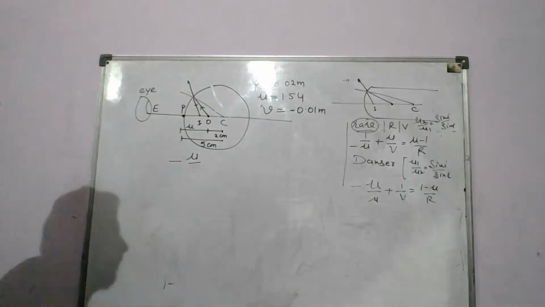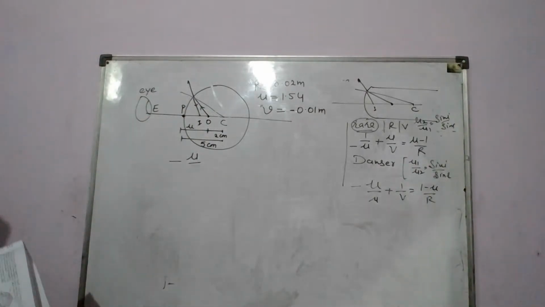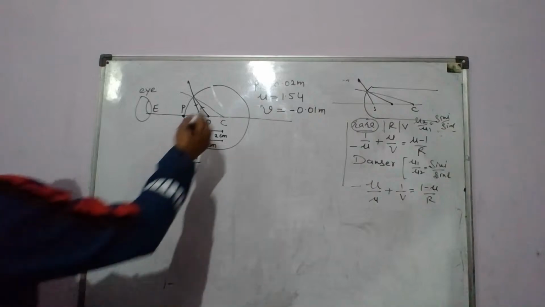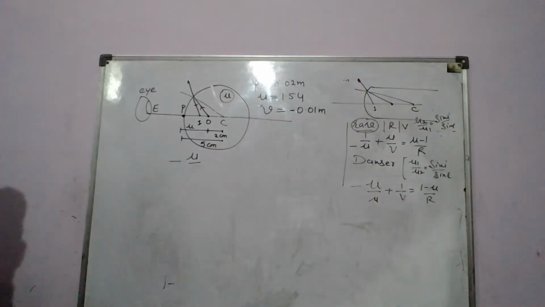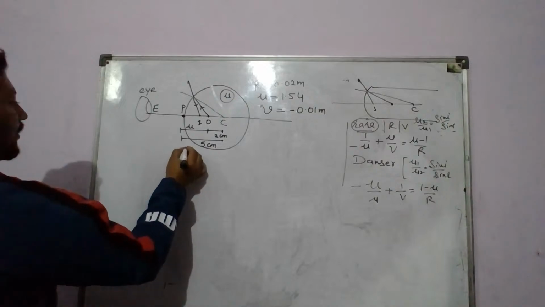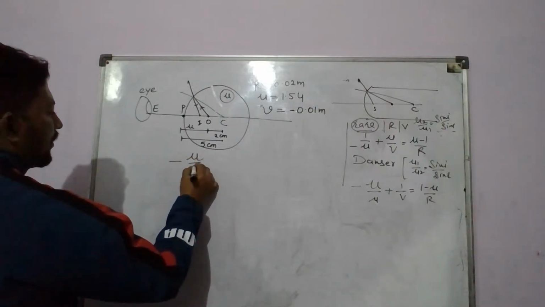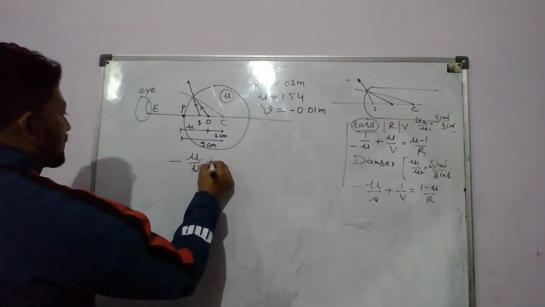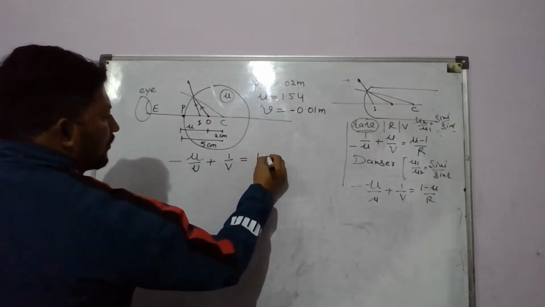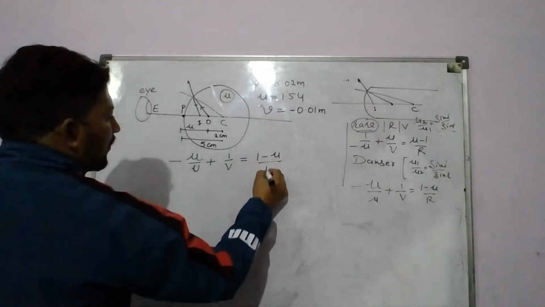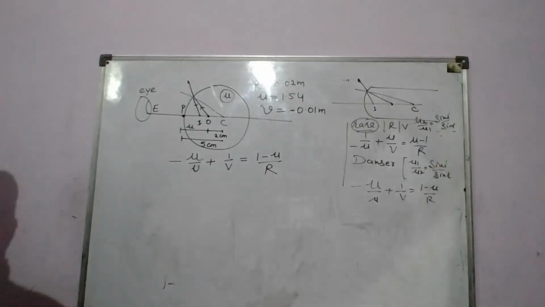This is the formula if the object lies in a denser medium. So here is the air bubble, whose refractive index is mu. So you apply the formula minus mu upon u plus 1 upon v is equal to 1 minus mu upon r directly.